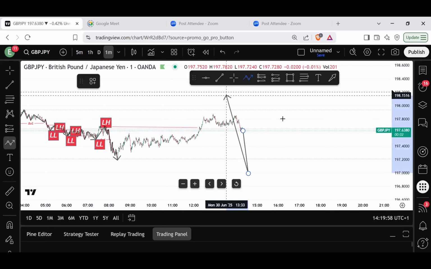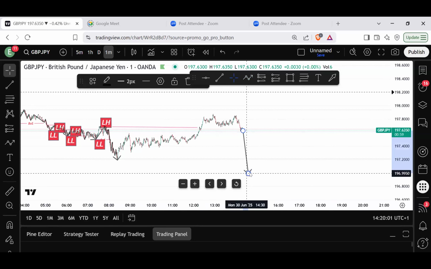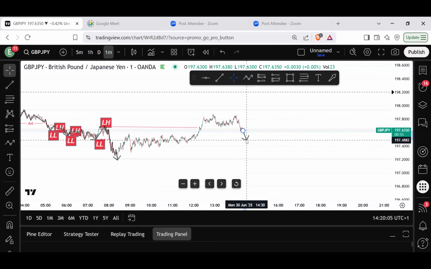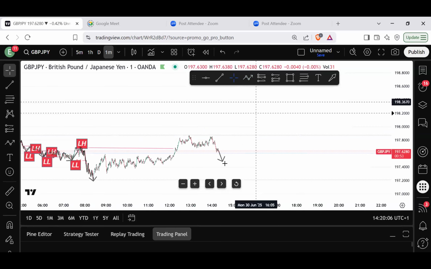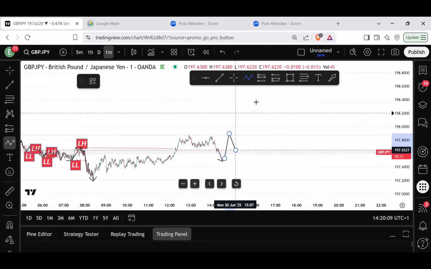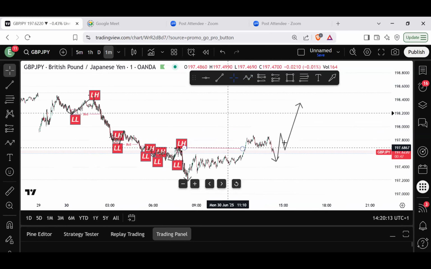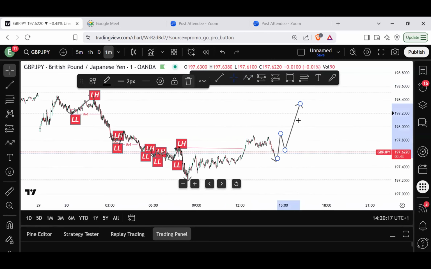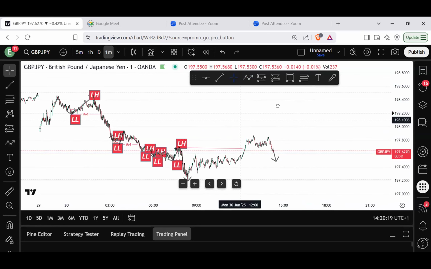Exactly, what we were talking about. But we can see the price can do something like this and then start going up from it. That's a change of trend. So that's the next class.